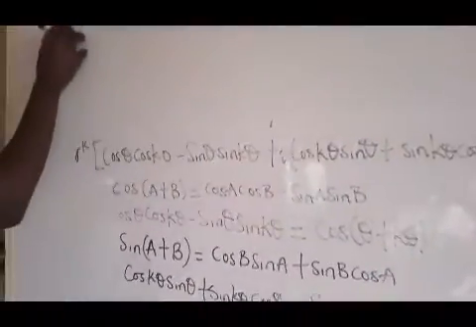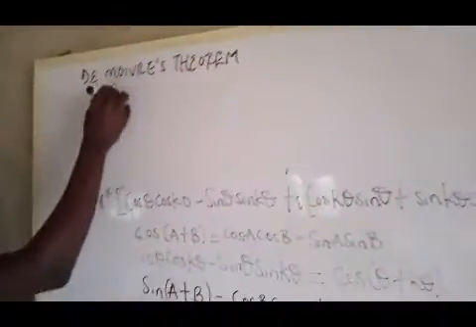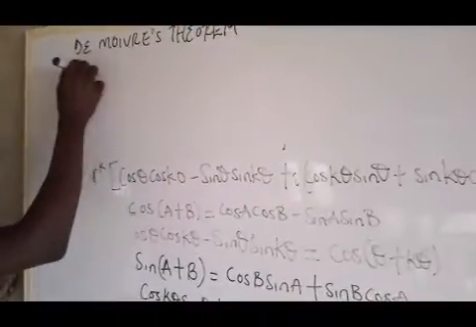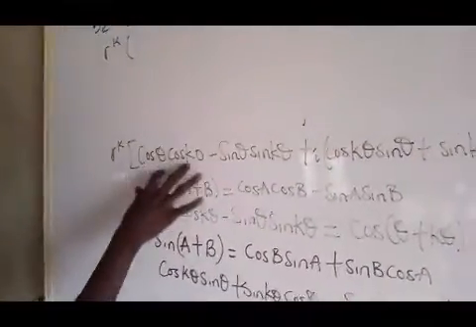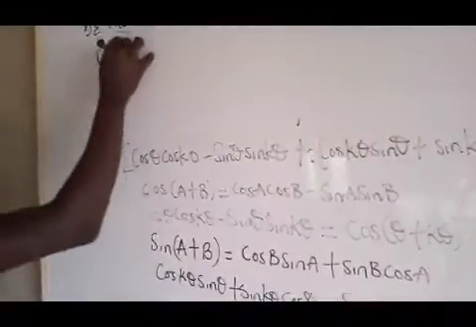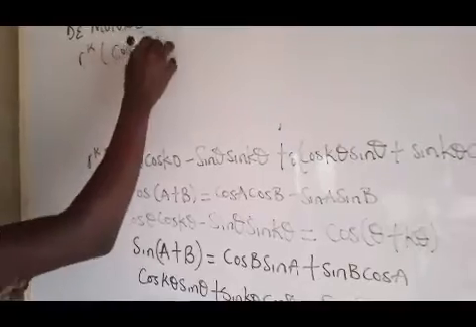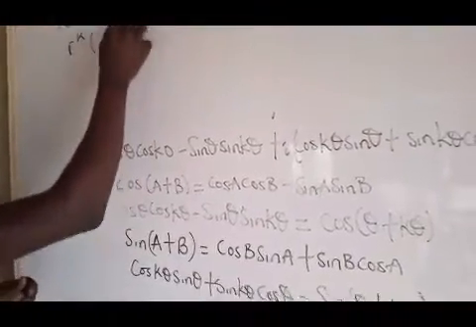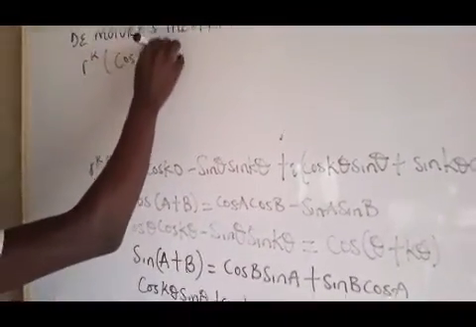Alright, so instead of me rewriting this, I'll now say r raised power k open bracket, now cos theta cos k theta minus sin theta sin k theta has become what? Cos open bracket theta plus what?